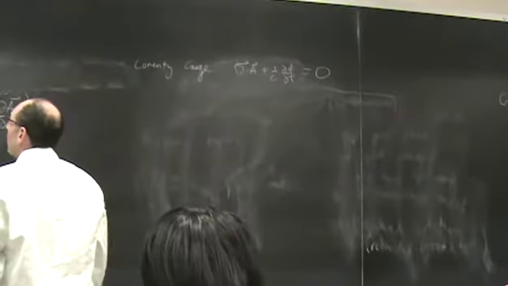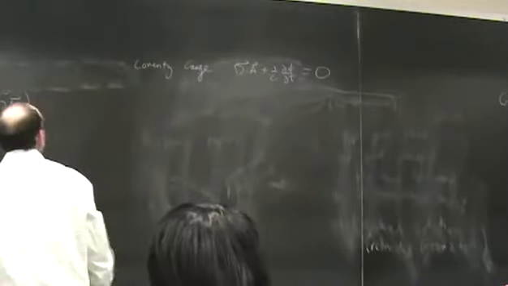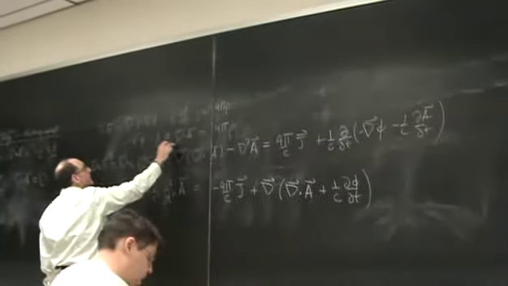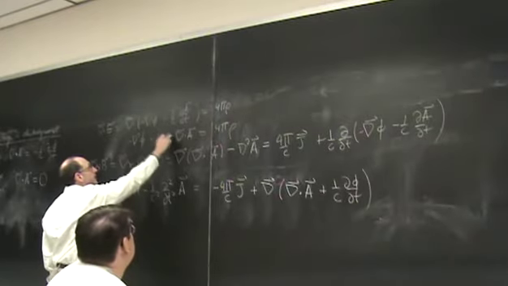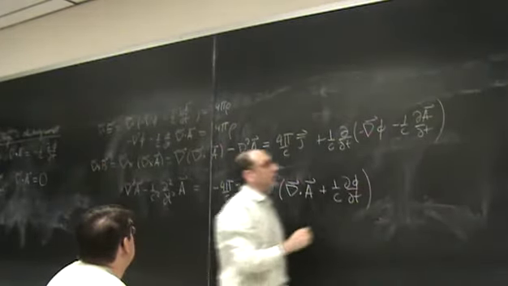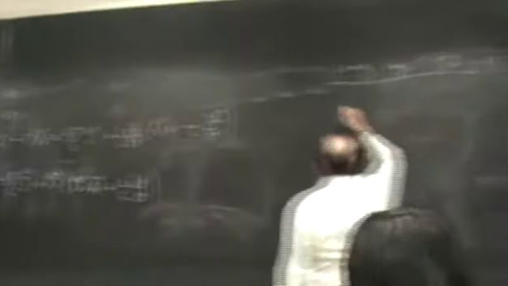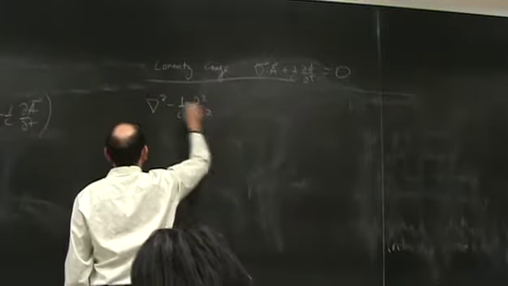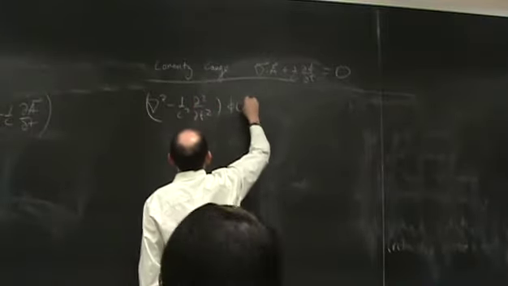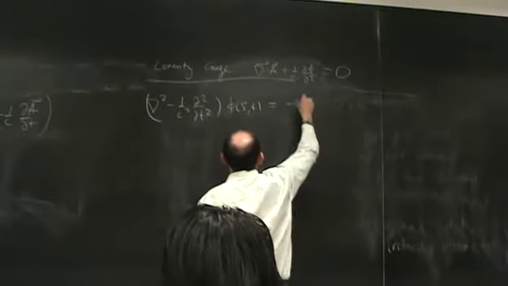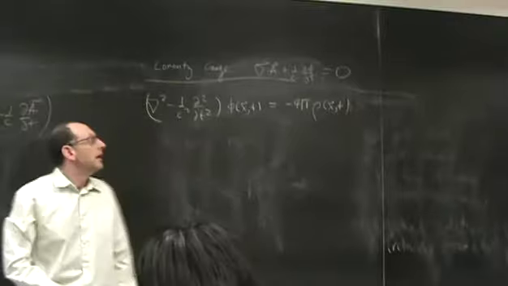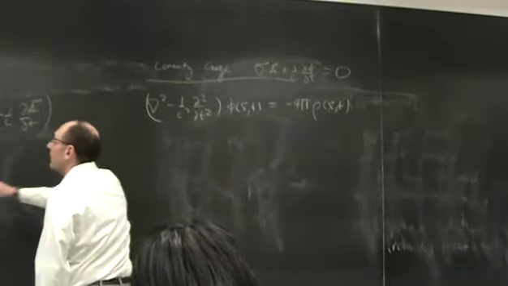So that means we can plug that in for del dot A is equal to minus 1 over c d phi/dt. That gives us here a plus 1 over c squared d squared by dt squared. So in the Lorentz gauge, we get del squared minus 1 over c squared d squared by dt squared of phi of x and t equal to minus 4 pi rho, and the corresponding equation for A.